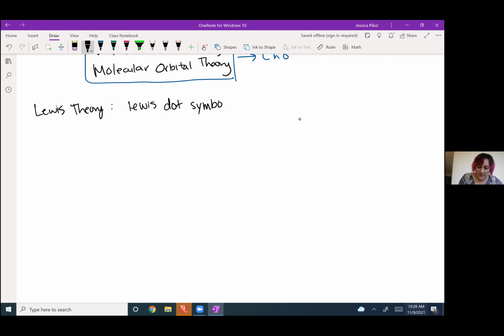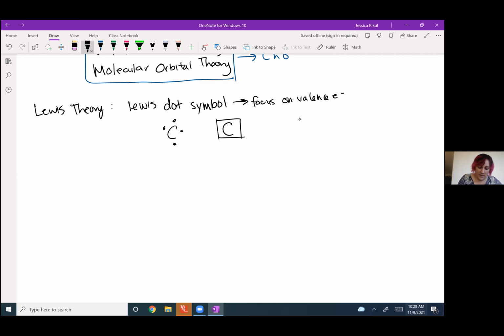This is going to focus on just the valence electrons. So carbon has 4 valence electrons, so its Lewis dot symbol looks like this. You think about a box and you put your chemical element symbol in it.